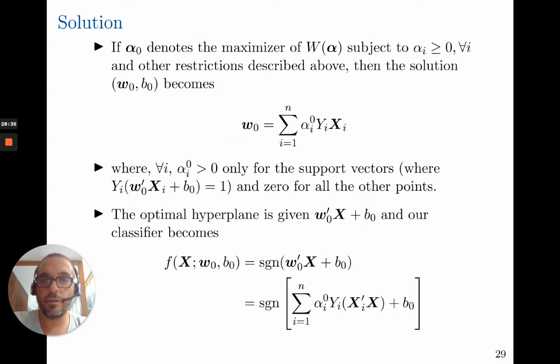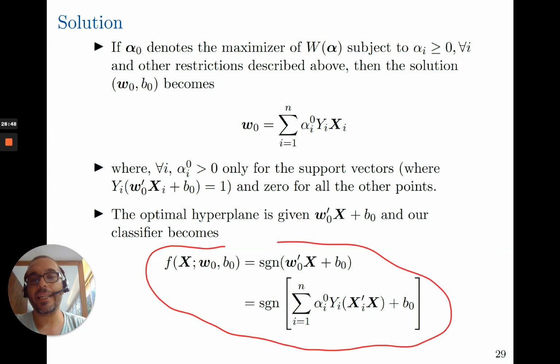So the optimal hyperplane is given by w naught transpose x plus b naught, and this is the expression of the classifier. So this is a linear support vector machine for data that are linearly separable.